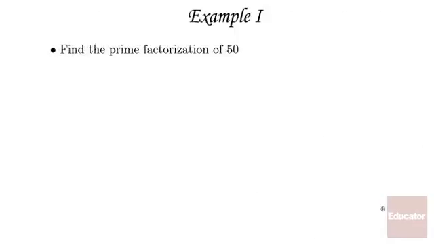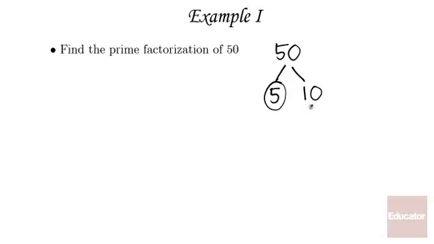So here's an example. If you can, I want you to pause the video and try this problem on your own. So let's go over this now. 50. I'm going to break this up into a factor pair. Let's say 5 and 10. Now 5 is a prime number, so circle that one.